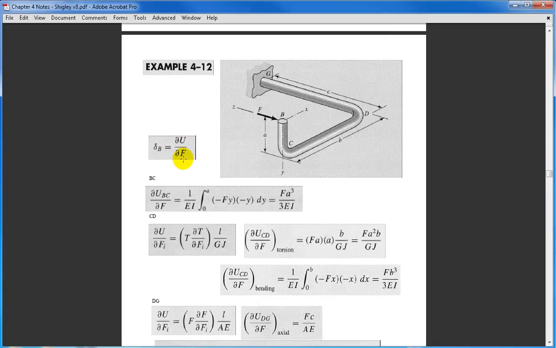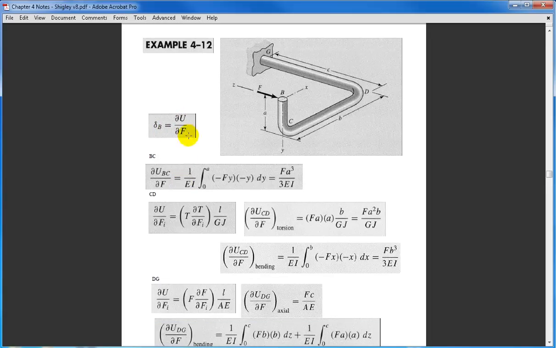Now, they've done this a little differently than I would do it, in that they actually calculated a piece of the deflection happening because of what's happening only in BC. That's not the whole deflection, it's only a piece of the deflection at B. And if we look at what's happening between B and C, the reason we're going to deflect toward our right is because of bending.